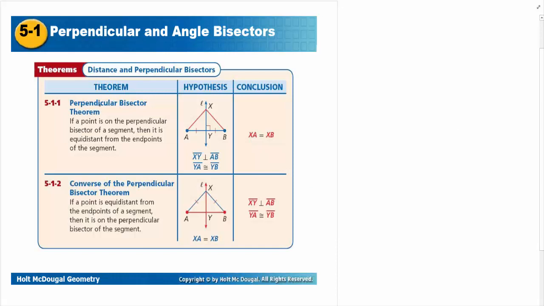Okay. So we have a couple theorems here. You're going to want to know these theorems. They're very simple ones compared to some of the things we've done. The first one is the perpendicular bisector theorem and the converse of it.